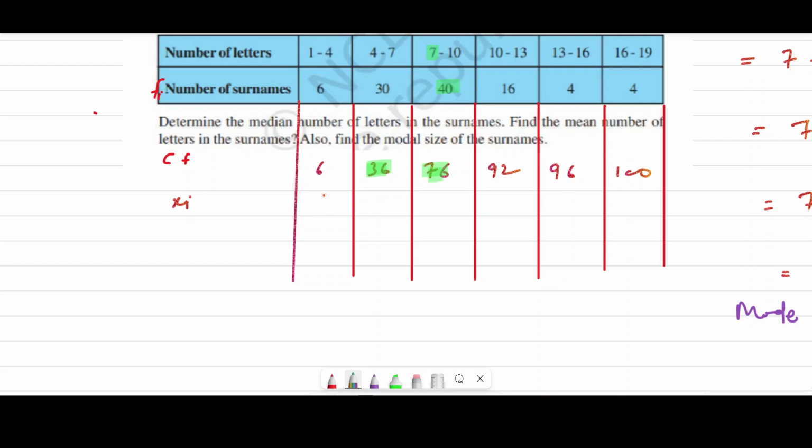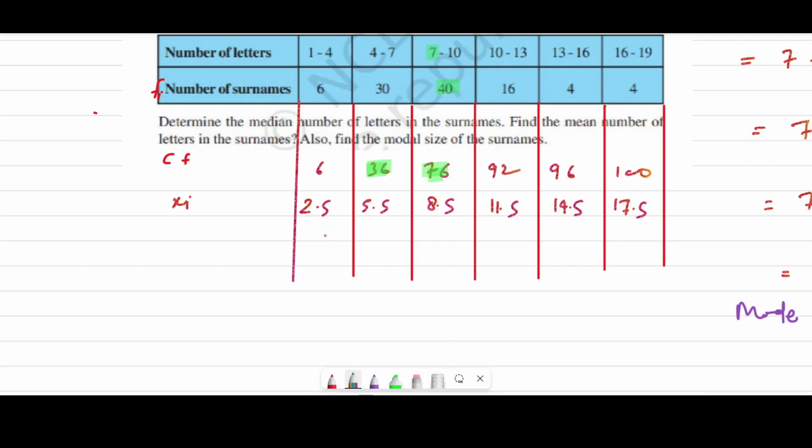Here 1 to 4, this is 2.5, and this is 5.5, and this is 8.5, this is 11.5, and this is 14.5, and this is 17.5.